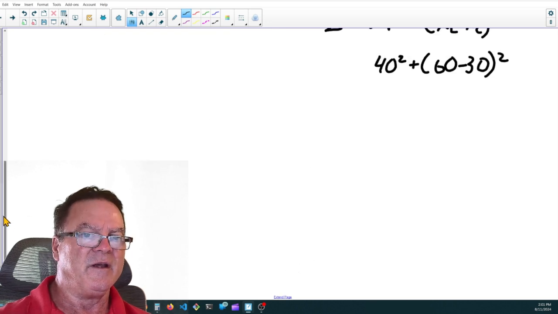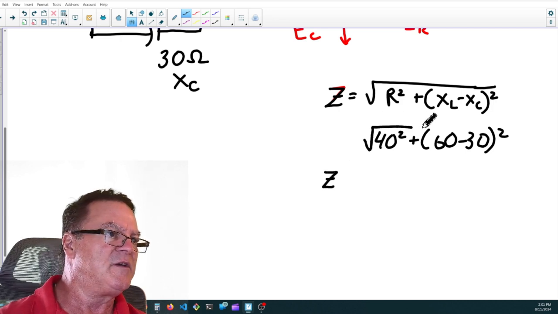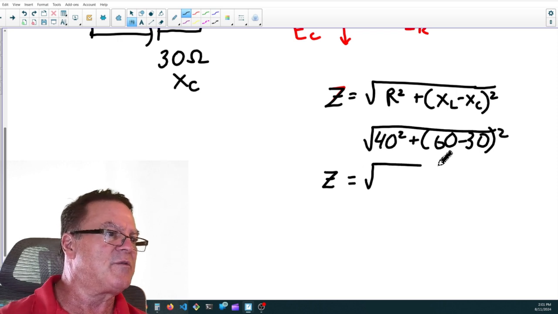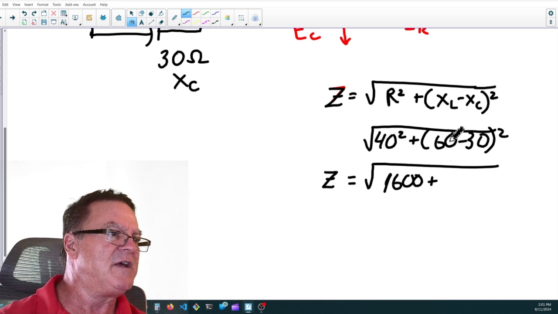So my impedance equals the square root of 1600, that's 40 squared, plus 60 minus 30 is 30 squared, that's 900.